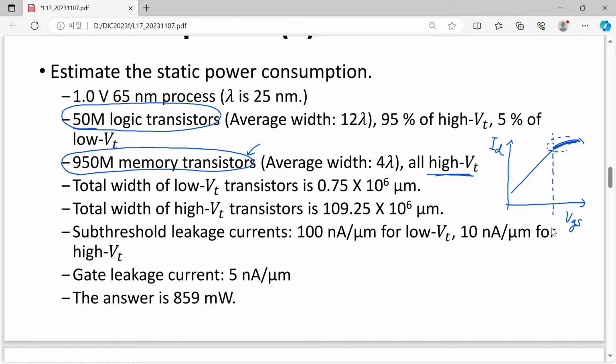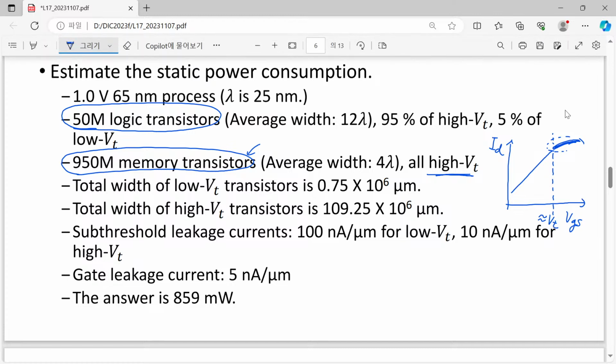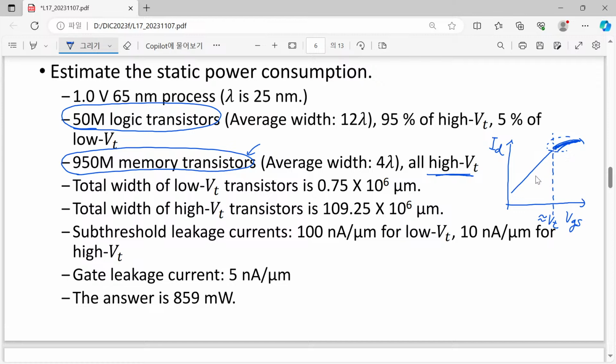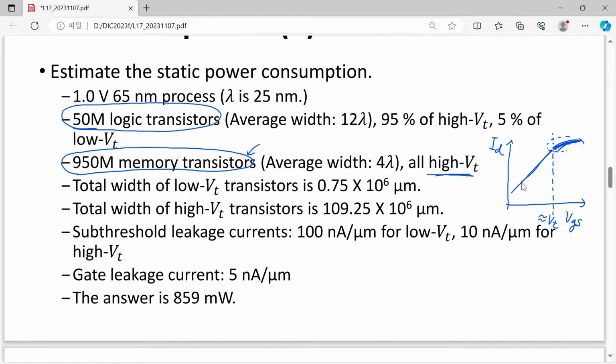So, for example, say that this is about the threshold voltage. Beyond this threshold voltage, our current does not increase rapidly. However, below the threshold voltage, our current rapidly decreases.